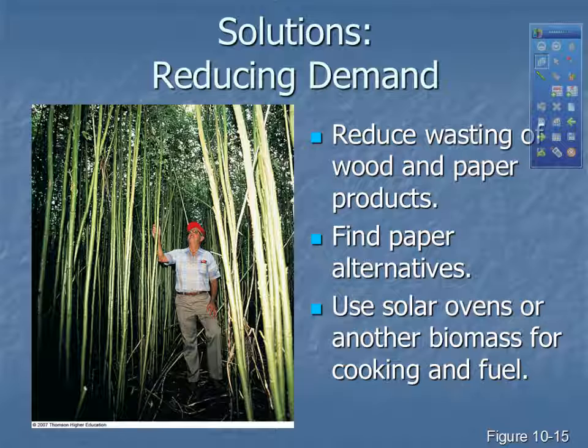It's very strong, so it can be used for building and construction. And it can be replaced much more easily than trees. So you can harvest bamboo much more easily and economically than you can a lot of trees. And then using solar ovens or other biomass to cook and for fuel rather than burning wood is also a way to reduce the demand.